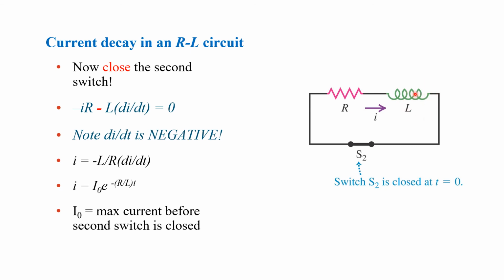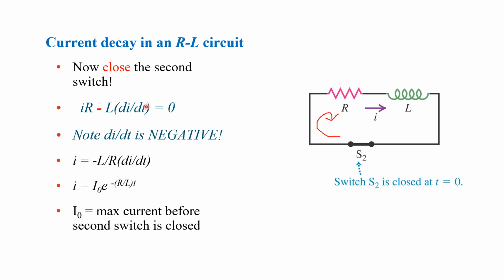From Kirchhoff's loop rule, following a clockwise travel, we have minus IR for your resistor, and then minus L times di over dt for your inductor, which is equal to zero. Note here that your di over dt is negative because you have a decreasing current.